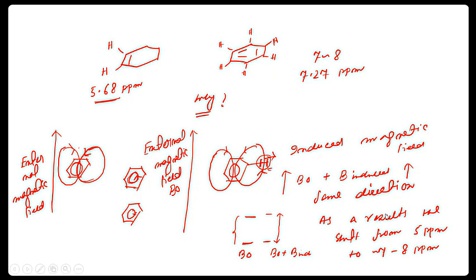So basically what we understand is that we have applied B0, and because of this induced magnetic field, this proton experiences quite a higher magnetic field, B0 plus some part that is B induced, that comes from the induced magnetic field because of the ring current. That's why this value shifts from 5 to 7 to 8.